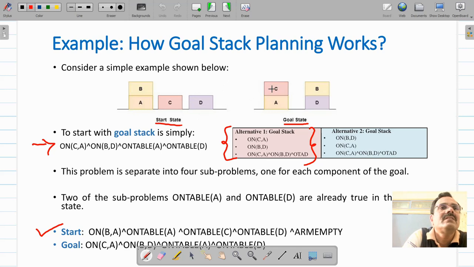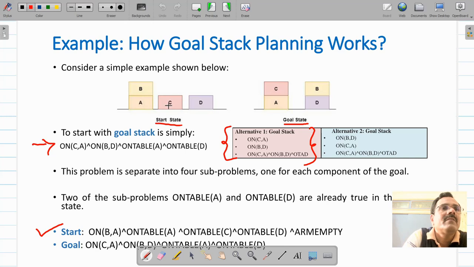The second subgoal is C should be on A. A was clear in that case, after performing the unstack B operation, unstack B from A, and then stacking B on D. So A will be clear.